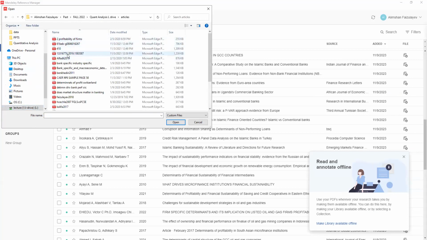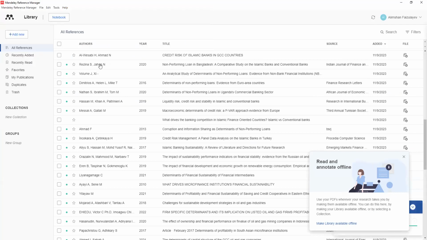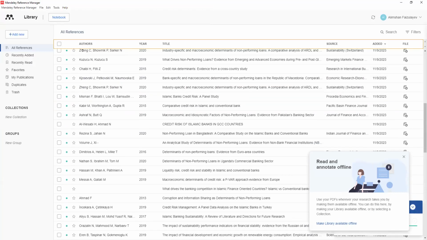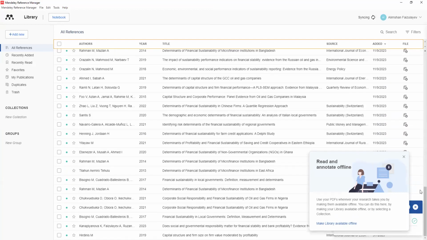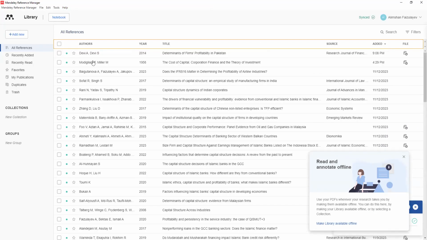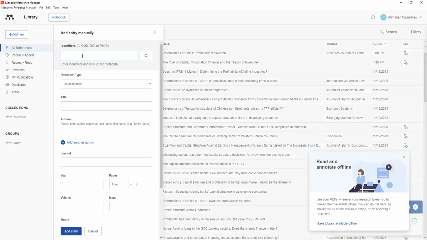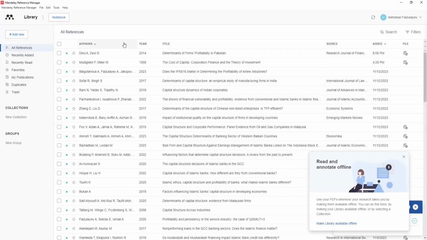Here the articles. Let's say I select one article, open it, so it will appear here. So the first article is inside. Or you can just select manually, putting the DOI number. So you can add it by DOI. And the Mendeley is for free. I do advise you to use it, okay? Like use this artificial intelligence to go with it.